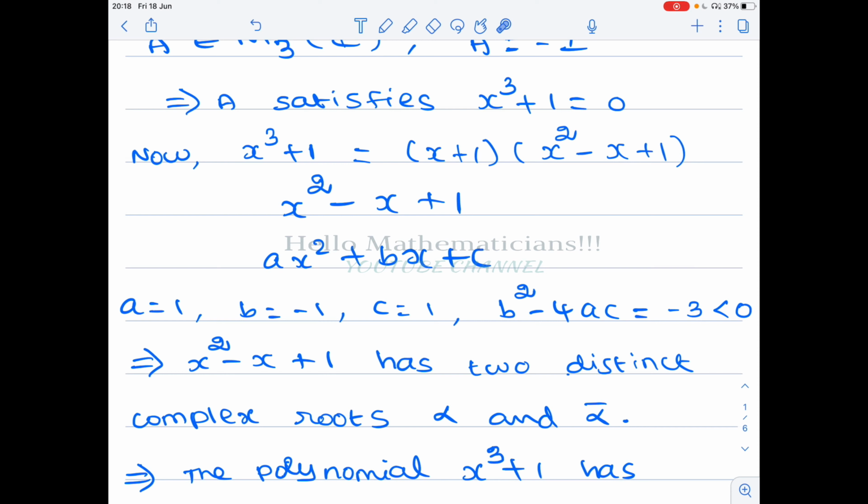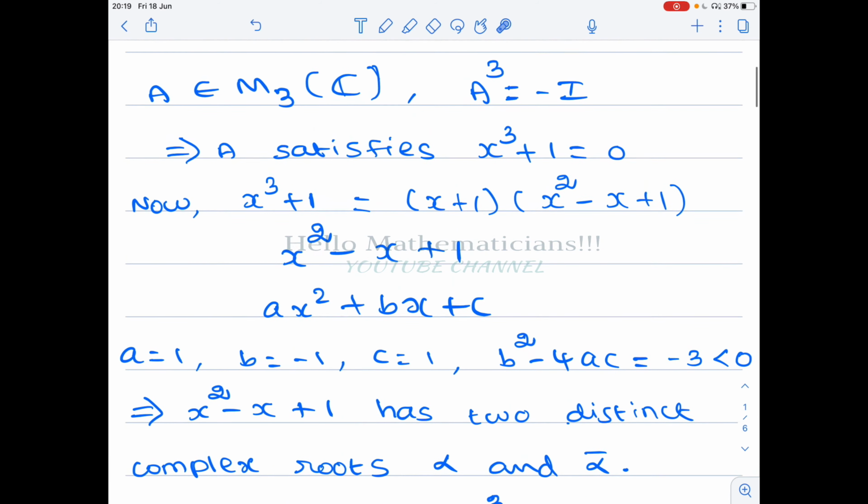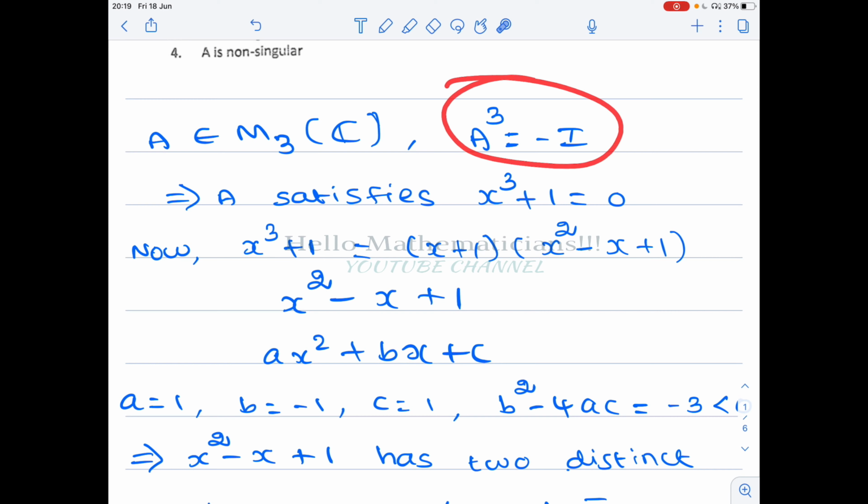Once you see a polynomial has distinct roots, then regarding diagonalizability, we are in a very safe zone. Okay. Now it is given that A cube equal to minus I. That means that A satisfies this polynomial.